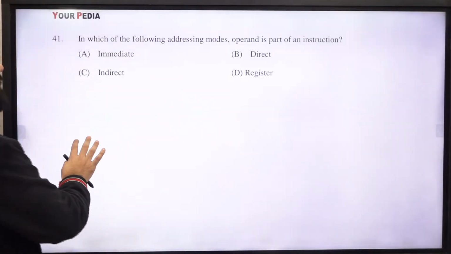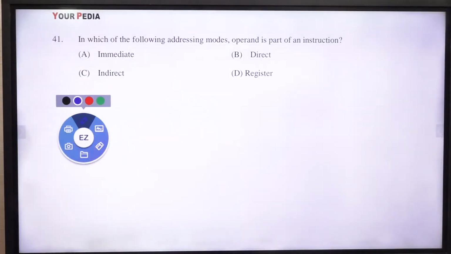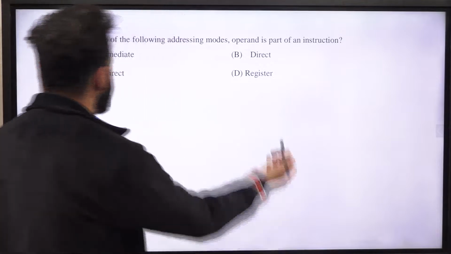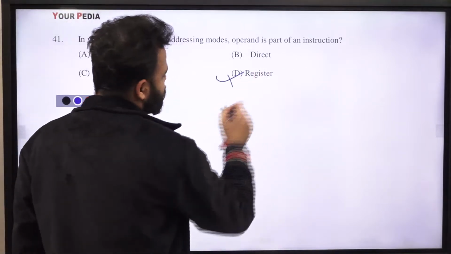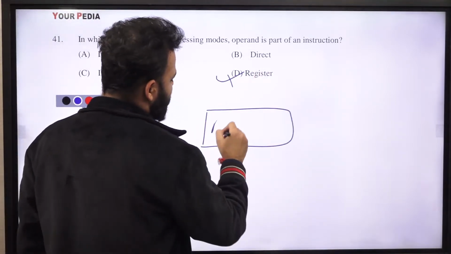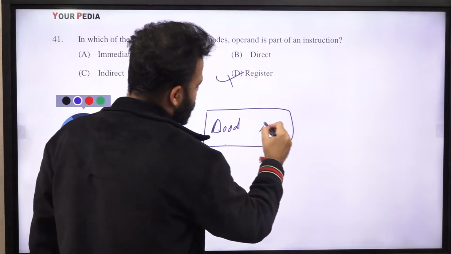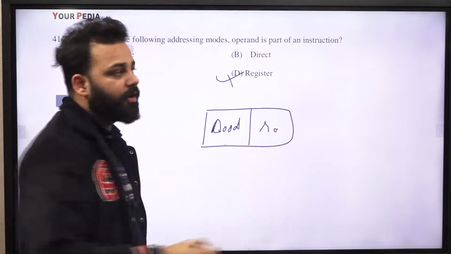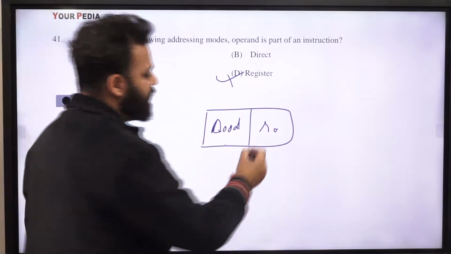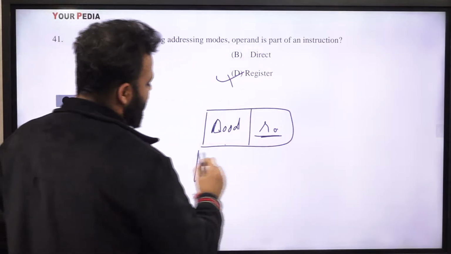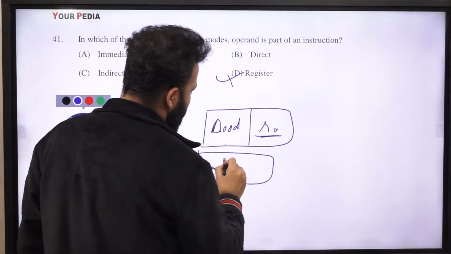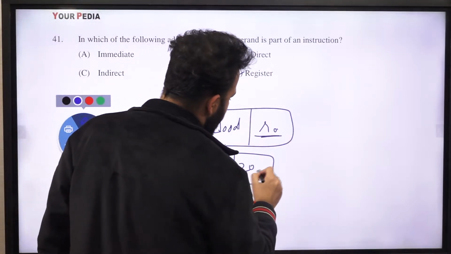Next is: in which of the following addressing modes is the operand part of the instruction? So let's see. In register addressing mode, the instruction will have a register address. In direct addressing mode, we will have a memory address.